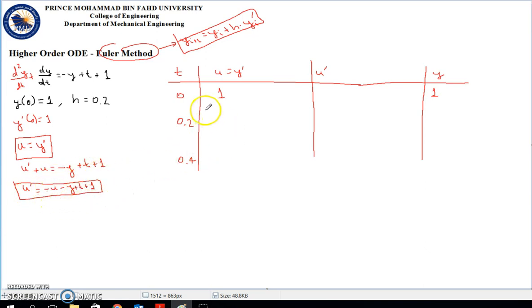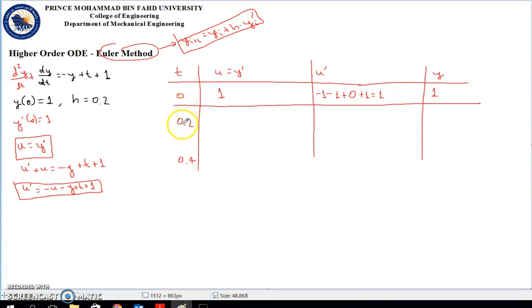So minus u, which is minus 1, minus y, minus 1, plus t is 0, plus 1. So that equals 1. Now let's move to our next time step.